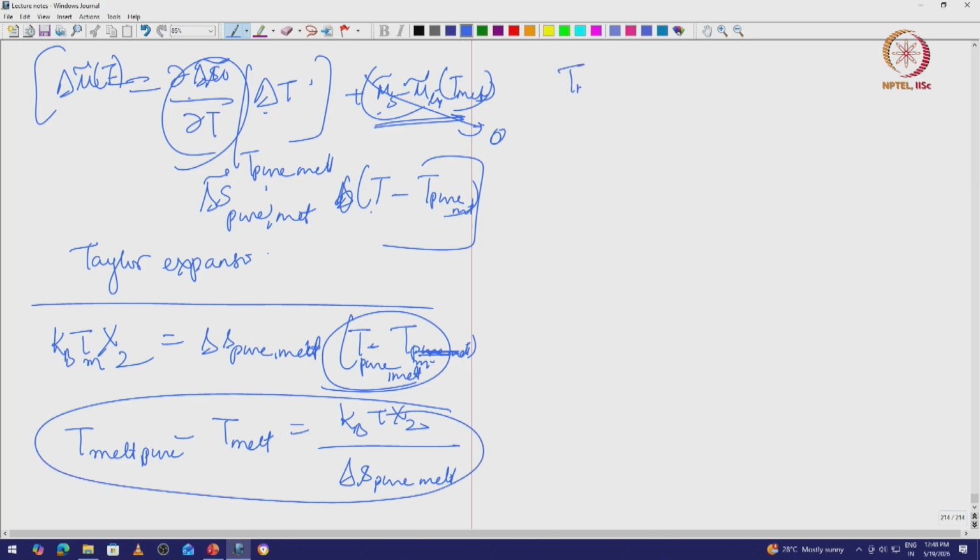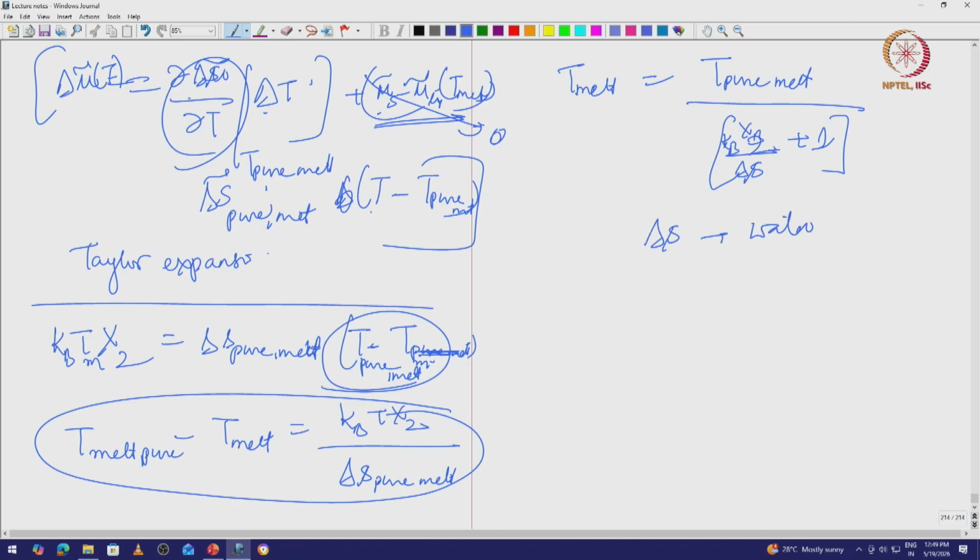Or I can actually calculate the melting point: T melt is equal to T pure melt divided by (kB x2 divided by delta S, plus 1). And delta S for water to ice or ice to water is typically about 2.65 kB.